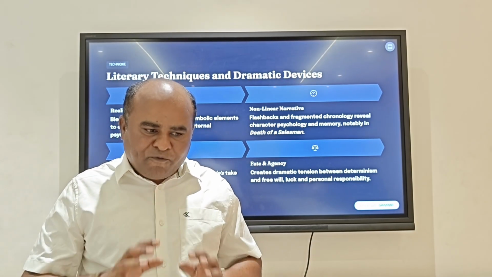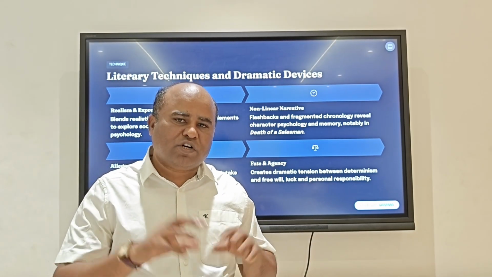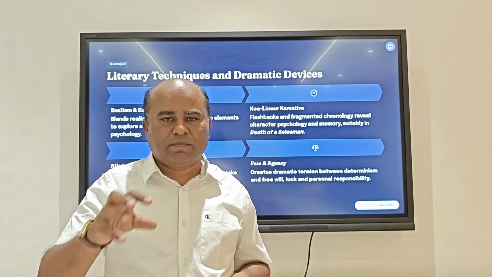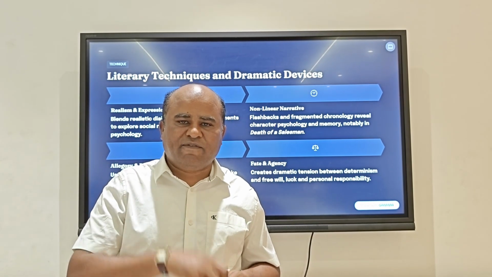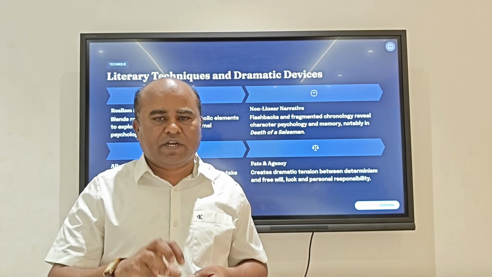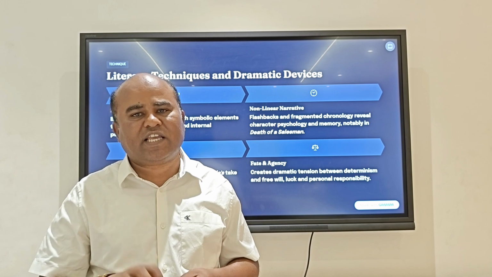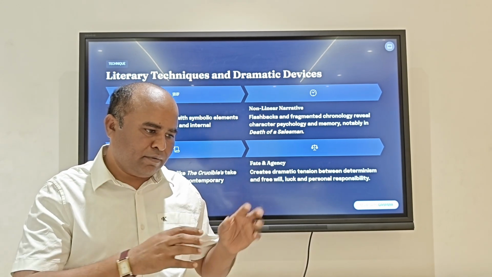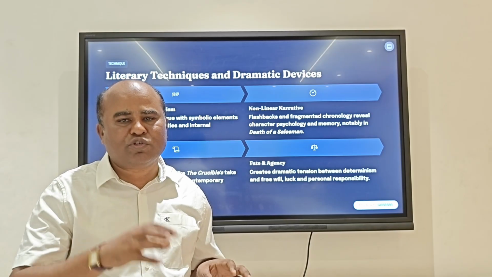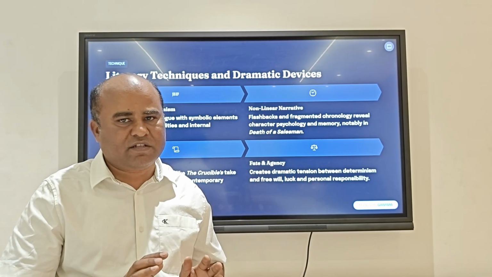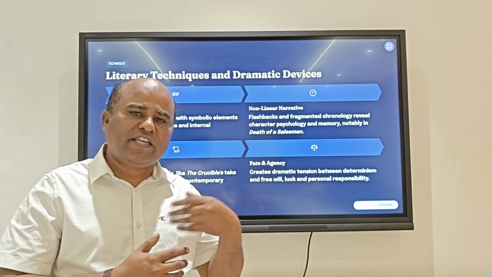But in order for you to understand what is realism in theatre, these are the three markers: lifelike characters, lifelike situations, and lifelike speech. These three elements actually define what is realism in theatre. So if you look at the plays written by Miller, you would see that the situations the characters find themselves in are very lifelike, very relatable.